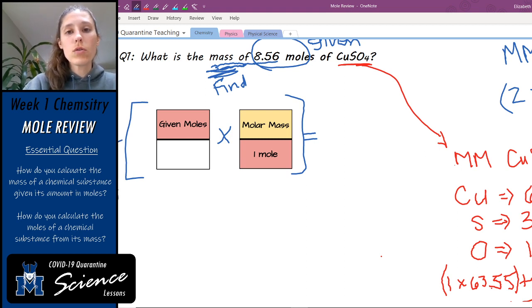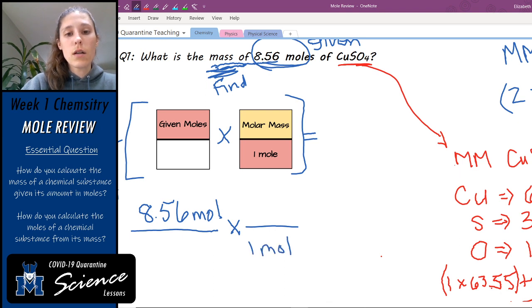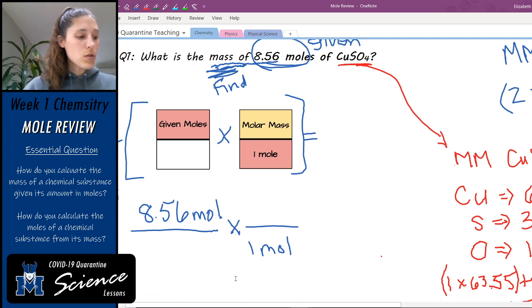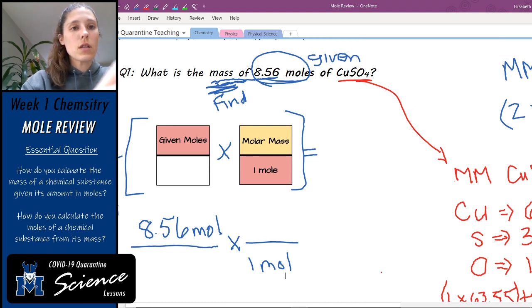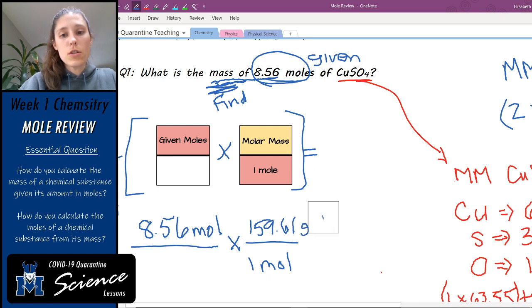The given moles I find from the problem up here: 8.56 moles, times, I know I'm going to have 1 mole in the denominator, and in the numerator, the molar mass that I just calculated over here was 159.61. There's that much copper sulfate in 1 mole.